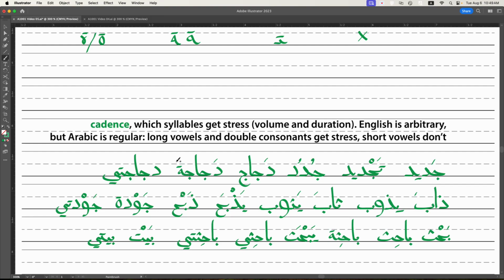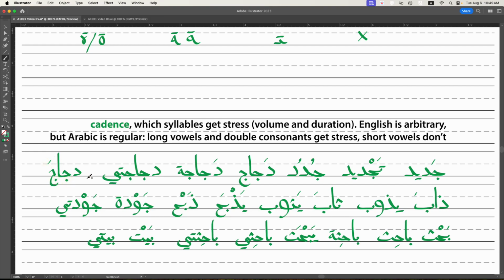For now, a word that ends in ta marbuta is generally going to be pronounced as if it ended with a fatha. So, dajaja. It would be hard to tell the difference between this word and if I wrote dajaj and put a fatha at the end.